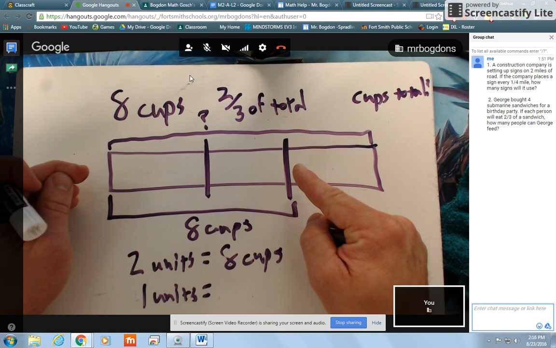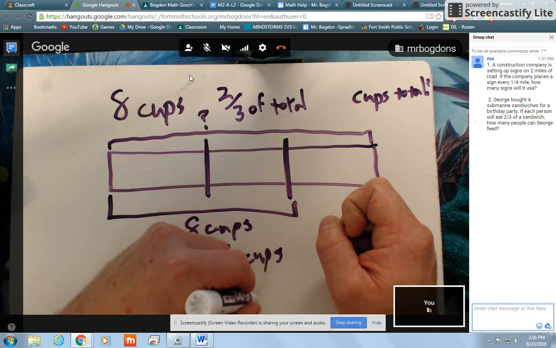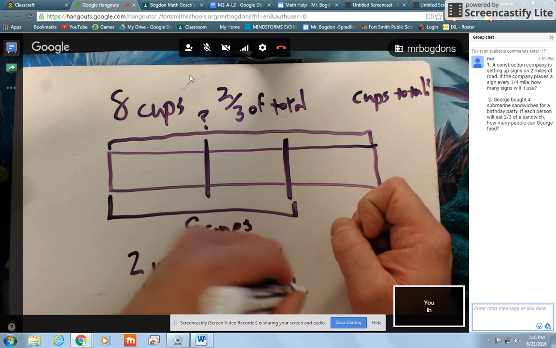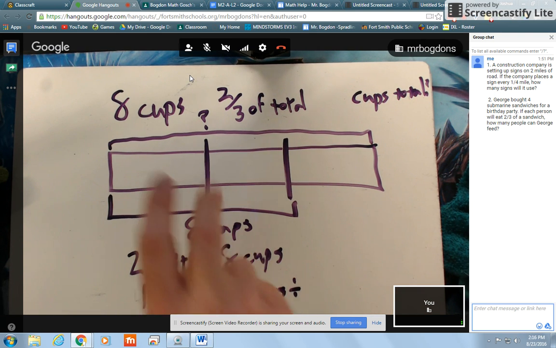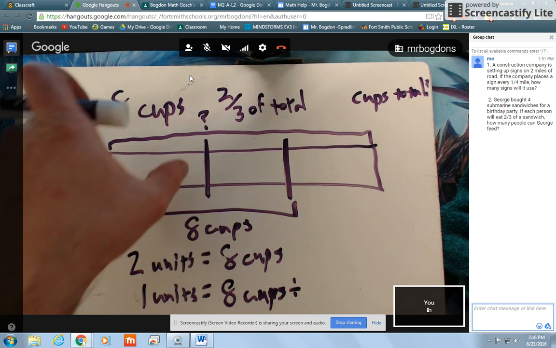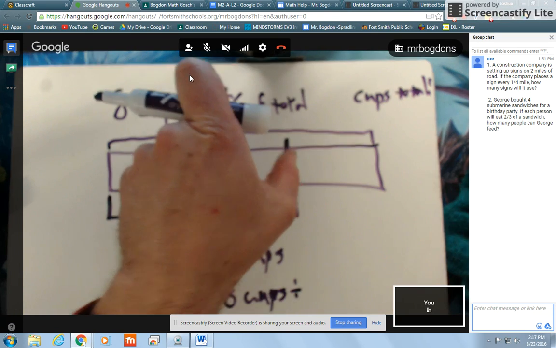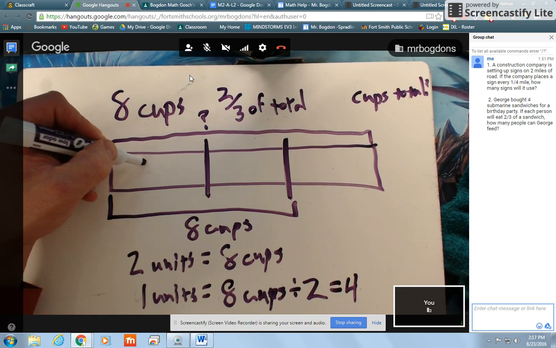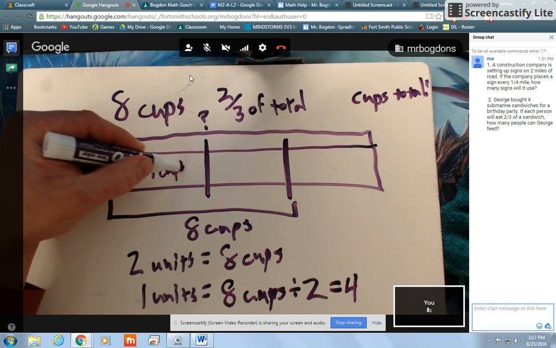How many cups? 8 cups. And I have how many units within that 8? 1, 2. So what is 8 divided by 2? So that means that this first unit is going to be 4 cups.